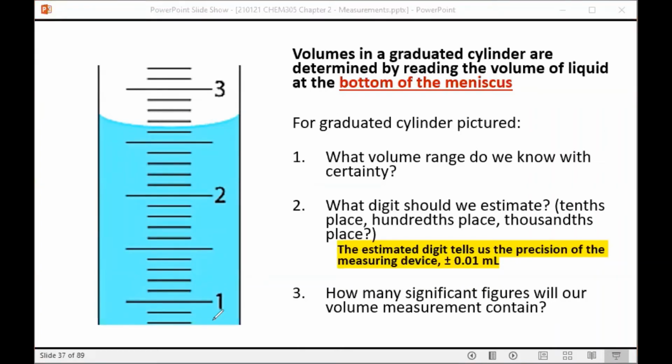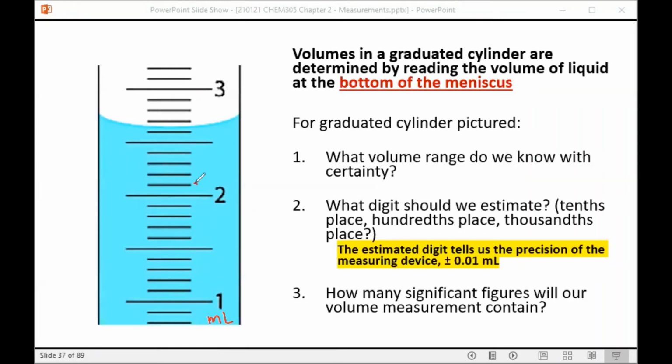If I take a look at this, I forgot to put the units on here, it's in milliliters. We can see that we go from 1 to 2 milliliters, but there's markings in between. So let's count how many there are. There's 1, 2, 3, 4, 5, 6, 7, 8, 9, 10. So each marking represents a tenth of a milliliter.